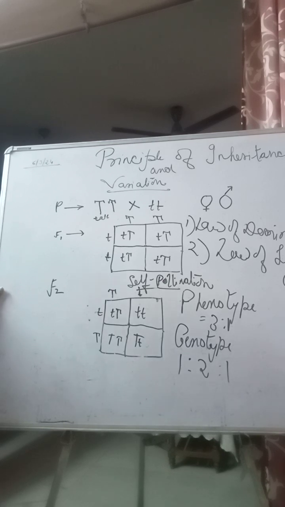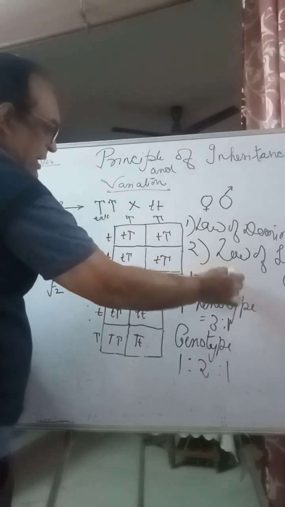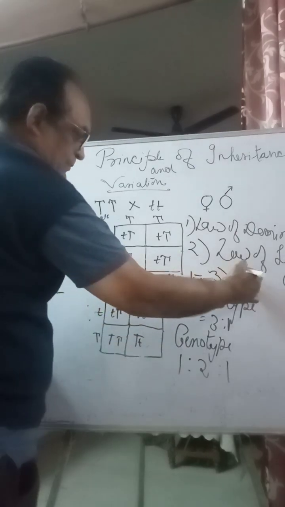That is, all the characters are available in the progeny, irrespective of the pair they belong to. So that is the law of independent assortment. Okay, so that I will explain in my next video, students. I am ending this here only, and there is another law, law 3, the law of independent assortment. I will explain it with the Punnett square in my next video.